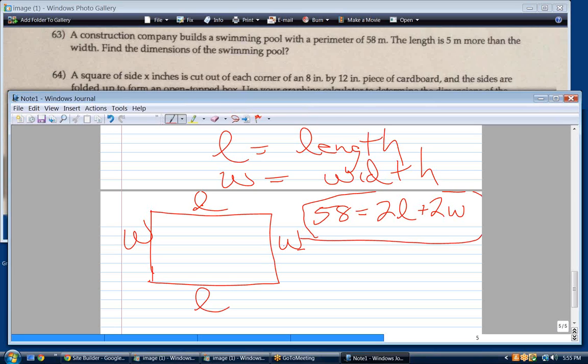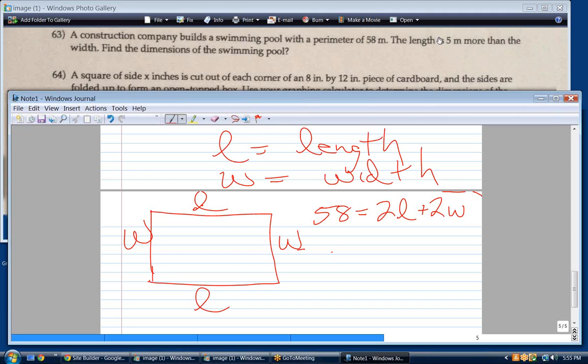Well, that's not going to let me solve for L and W because it's only one equation and 2 variables. But they give us another equation. What's the second sentence say? The length is 5 meters more than the width. Give me an equation that says that exact thing. Is it L plus 5 equals W?